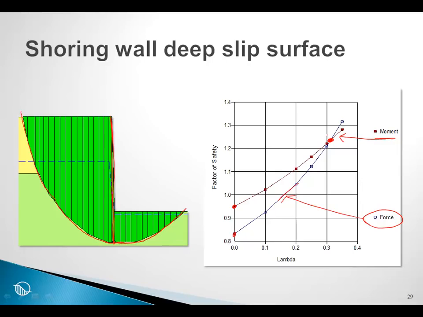On the other hand, if you were to hang your hat on the Spencer method, then you might say, well, for temporary works, a factor of safety of 1.2 something is adequate. The point here is, once again, that in situations like that, it is almost mandatory to produce a GLE plot in order to see why there is such a big difference between a Bishop factor of safety and a Spencer factor of safety.